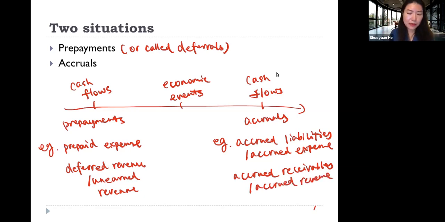If you look at some other textbooks, they will list depreciation, which is an estimate, as a different kind of adjusting entry. But in this book, we just classify it as 2 kinds, prepayment and accruals.